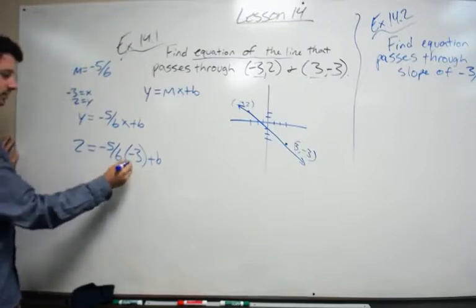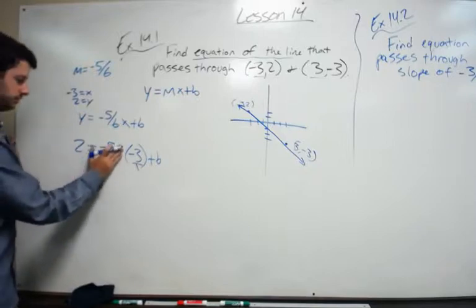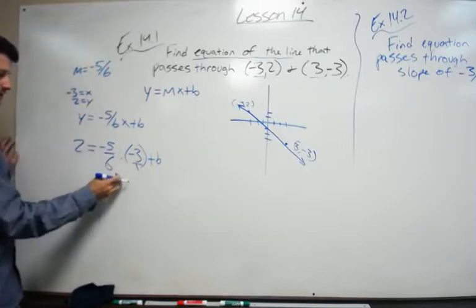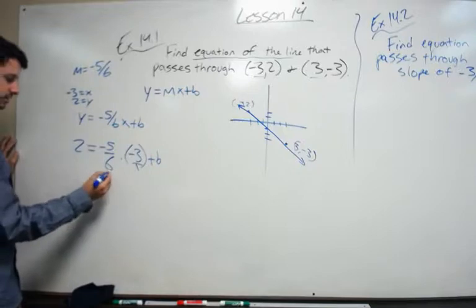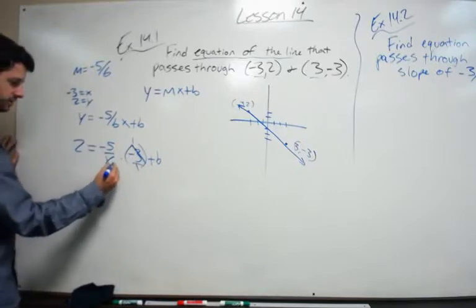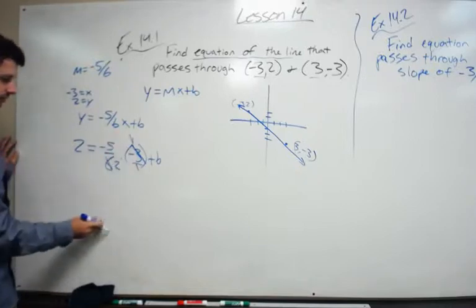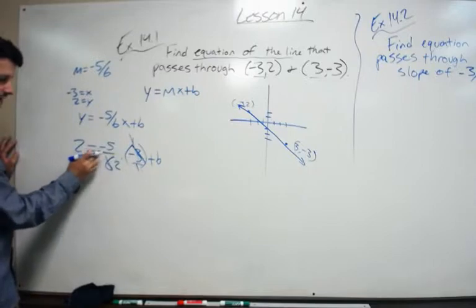Put the -3 over 1, and that will cancel the 6 and 3. 3 goes into 3 once, 3 goes into 6 twice. So we are left with -1 there. Negative times negative is a positive 5/2.